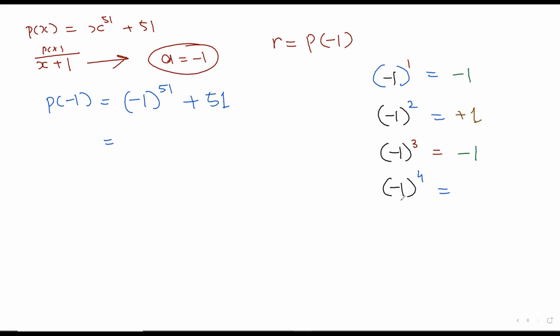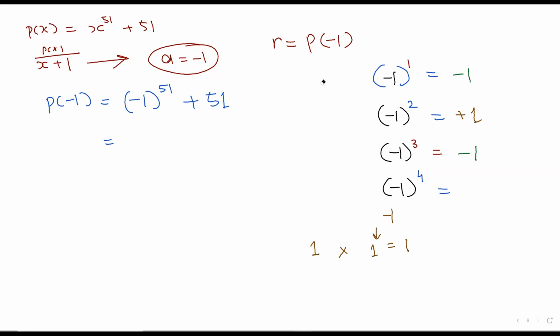See, what you have to do for this is you take -1 and multiply it 4 times, right? So -1 into -1 is 1, because negative into negative is positive. And -1 into -1, this one again is 1. So 1 into 1 is what? It is 1.